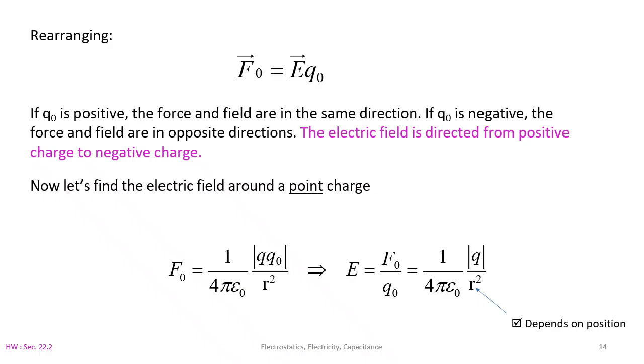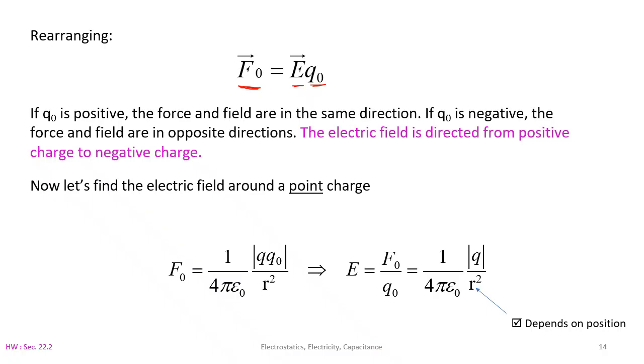If we rearrange that equation, then we have the force on a test charge is equal to the electric field times the charge itself. This is a very useful equation. So before, we had to know where every charge was located and apply Coulomb's law to every pair of charges to work out what the force on Q was.